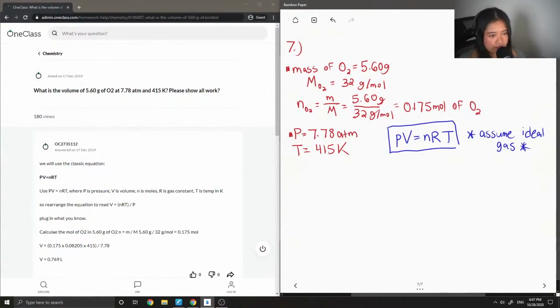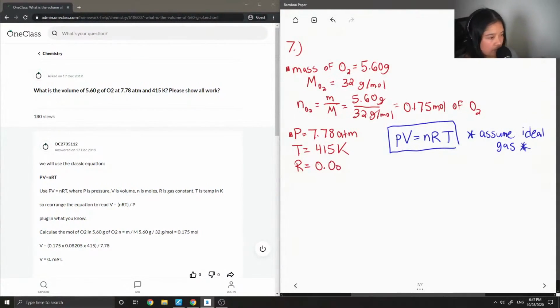So we are looking for volume, and we have pressure, temperature, number of moles now, and for R, it is just the constant. So there's a lot of different R constants, so just be aware and make sure you use the right one.